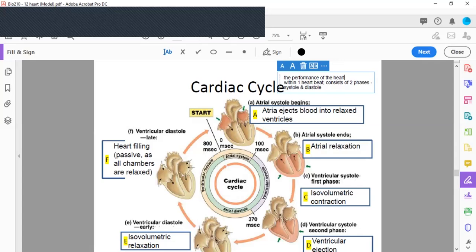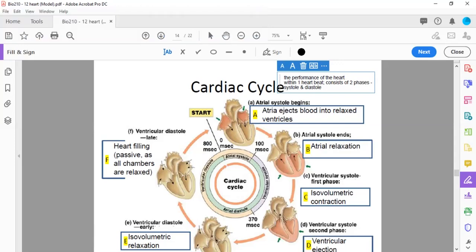So let's begin with this. I'm going to use this image on the exam, so basically just memorize what's going on. I'm going to go over it with you bit by bit. Do keep in mind that the purpose of the heart is a pump.